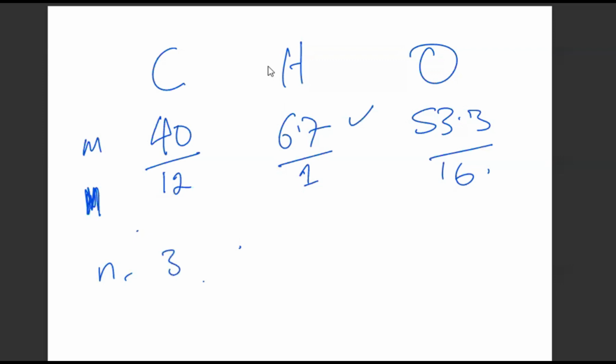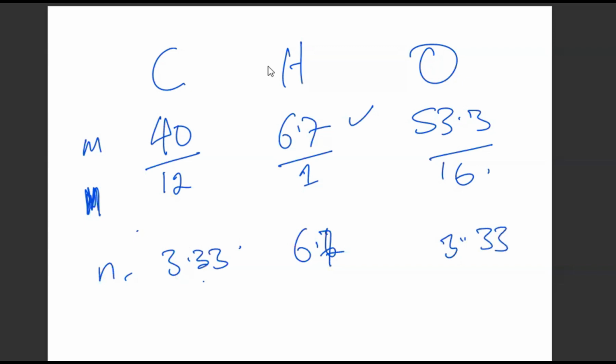So this one is going to be 3.33, a recurring thing. This one is going to be 6.67 or 6.7, it's the same thing. And oxygen, 53.3 divided by 16, you also get 3.33, a recurring thing.